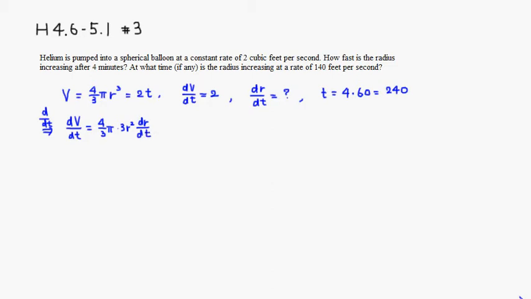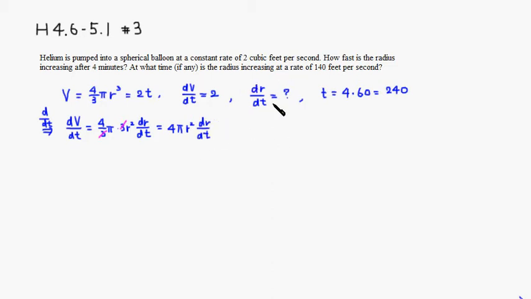Then the 3 and 3 cancel out, so this is equal to 4 pi r squared dr over dt.